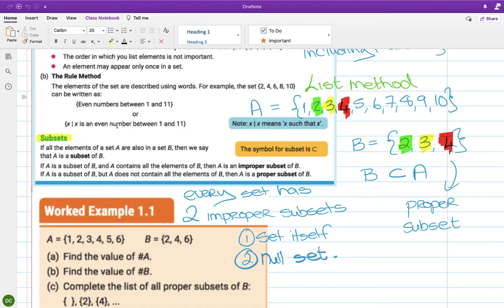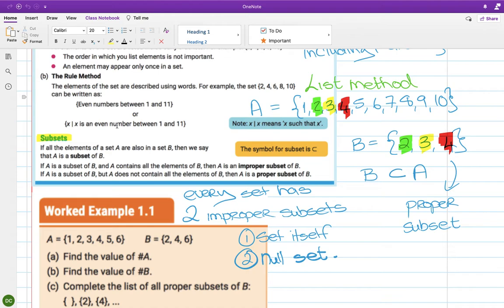Okay, so now if I was trying to list all of the subsets of my big set A there, it would take me forever because there's loads of them. I can't even do the probability figuring out how many of them there are, but there's loads, okay? But there's always only ever two improper subsets. The first one is the set itself. So we say that A is a subset of A. So the set 1, 2, 3, 4, 5, 6, 7, 8, 9, 10 is a subset of the set 1, 2, 3, 4, 5, 6, 7, 8, 9, 10.